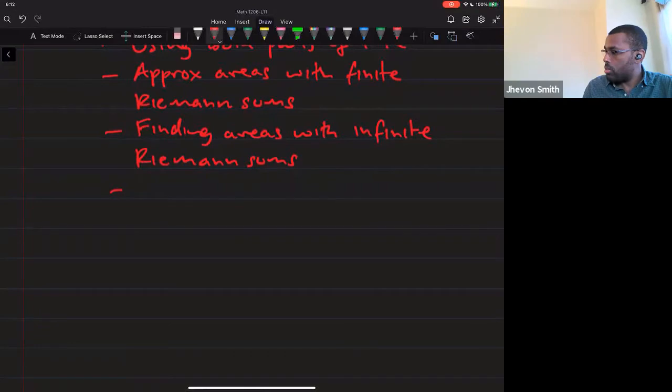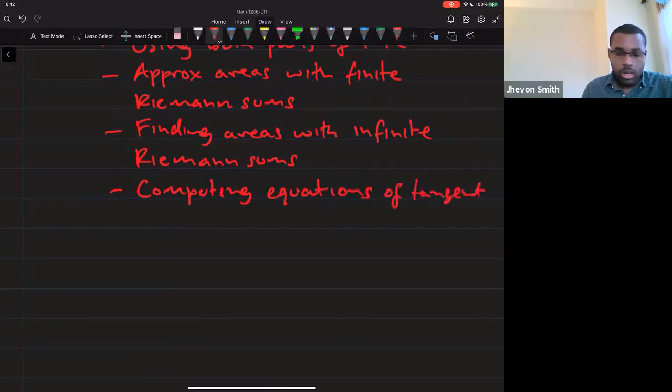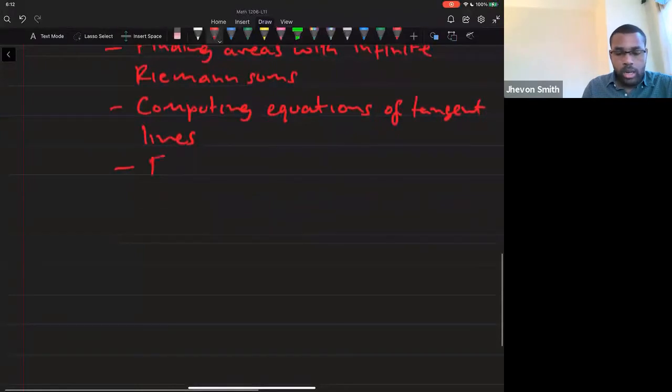Conceptually, computing tangent lines. Finding f prime from definition.